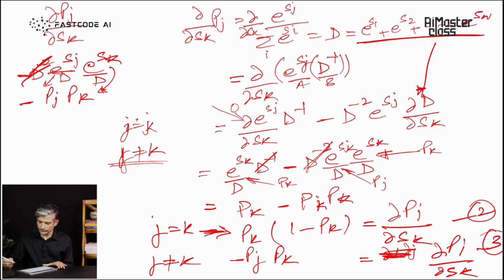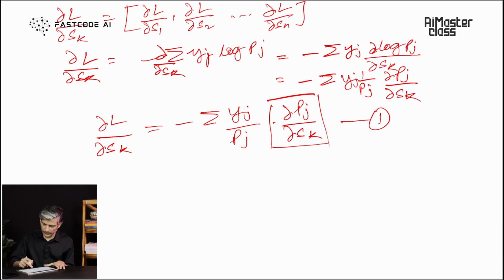And now I want us to use this in the equation that we were writing earlier, remember. So what I will use is this, pk times 1 minus pk when the case is j is equal to k, and when j is not equal to k, we want to use this. Okay, so we'll go back to that. What we want to do is open this up, right. This is currently over all j, but we want to open it up into when j is equal to k, and when j is not equal to k.